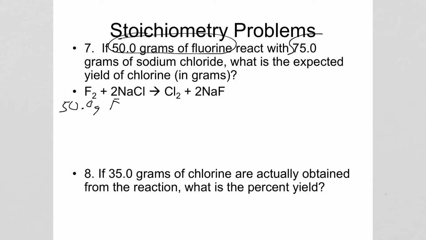So we're starting with 50 grams. Before we even get started here, make sure your equation is balanced, which in this case it is. So, like always, we're going to convert from grams to moles first. So we need to put in the molar mass of fluorine gas, which is 40 grams.